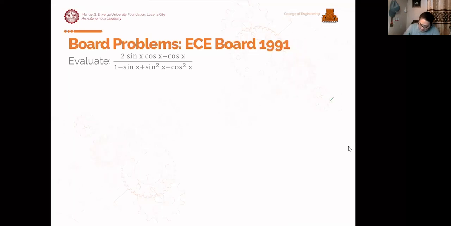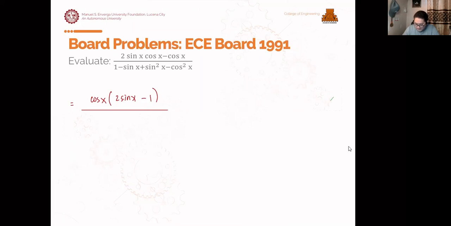So, first one, pwede tayong mag-factor out dun sa taas. Pwede natin factor si cosine x, no? Then this will be 2 sine x minus 1 all over. Yung sa denominator natin, what we can do is, pwede tayo mag-grouping ng terms.